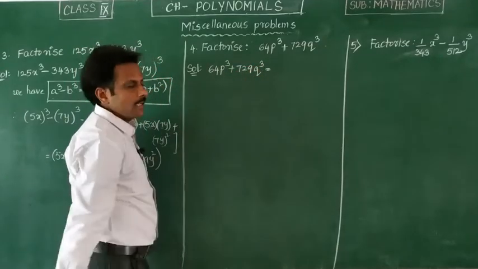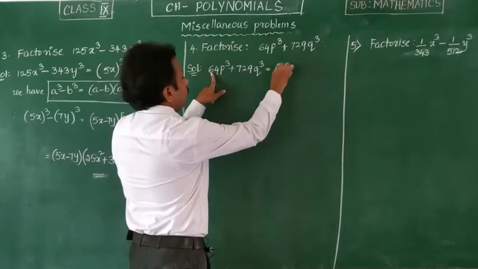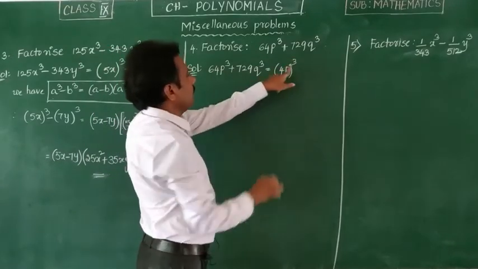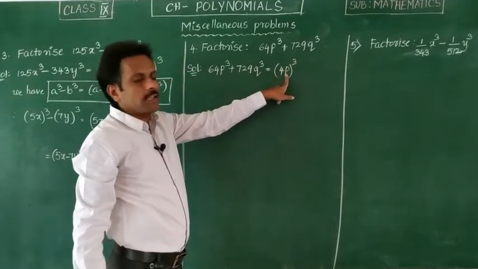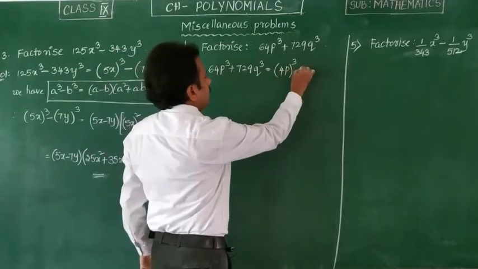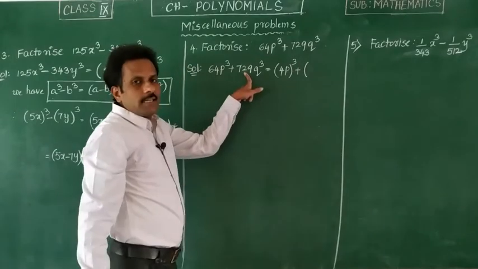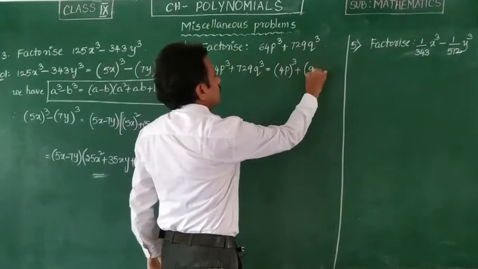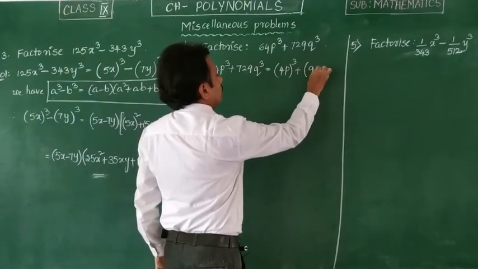How can it be written? 64 we can write as 4 cube, that means 4p whole cube, with the cube common for 4 as well as for p. Plus 729 can be written as 9 cube and q cube, so we write the common cube, 9q whole cube.